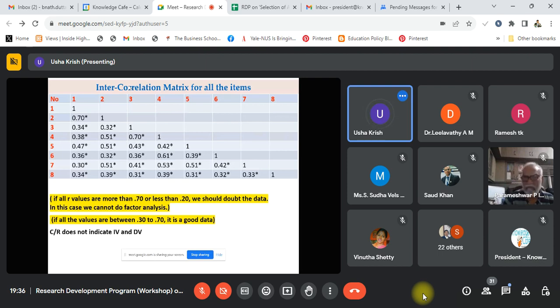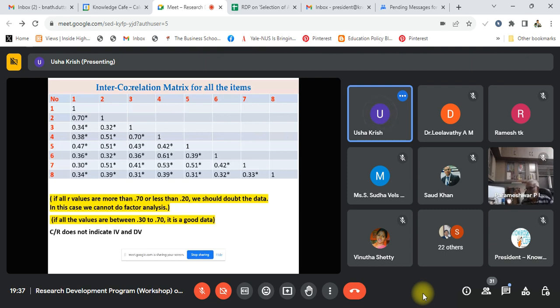If all R values are more than 0.70, or all R values are less than 0.20, we should doubt the data. Definitely, for such kind of data, EFA cannot be done. Even if you do it, EFA will not give better results.